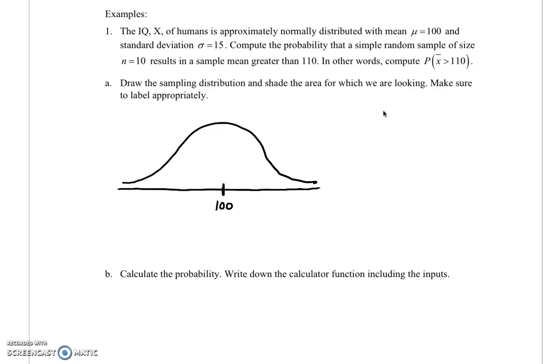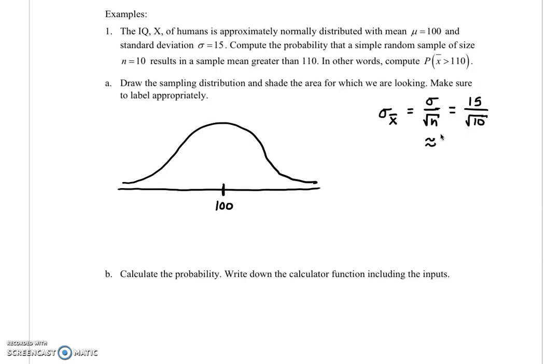So let's figure out what our standard deviation is for the sampling distribution. We know by definition that it is sigma over the square root of n. So that means that we take 15 and divide it by the square root of 10.